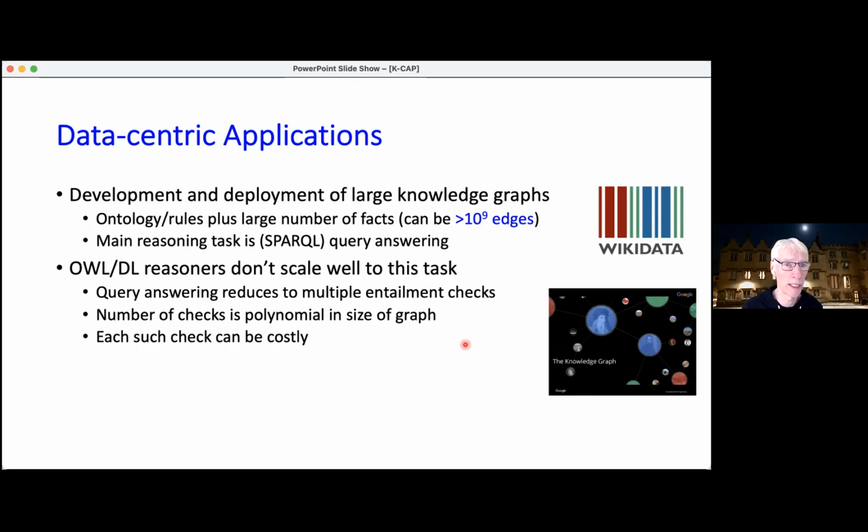And obviously Wikidata and the Google Knowledge Graph are more in this space, but also many industry applications are more in this space. And the DL developed reasoners like HermiT and ELK, which were very effective in the ontology use cases, are not particularly effective with these huge graphs consisting largely of data.